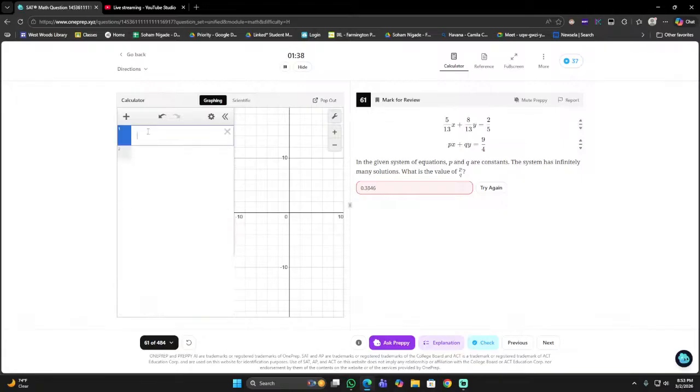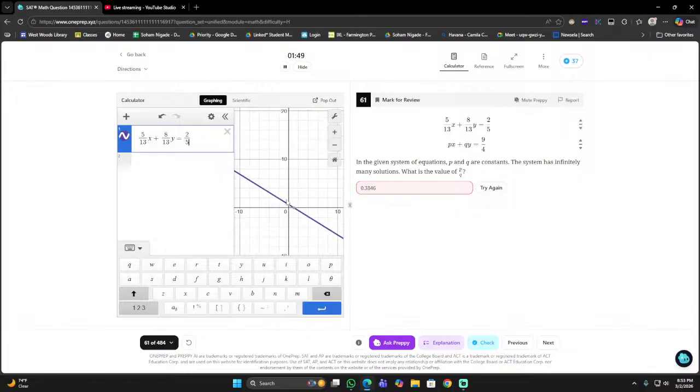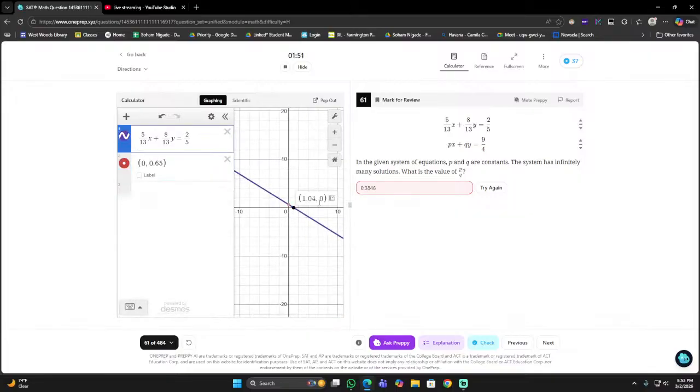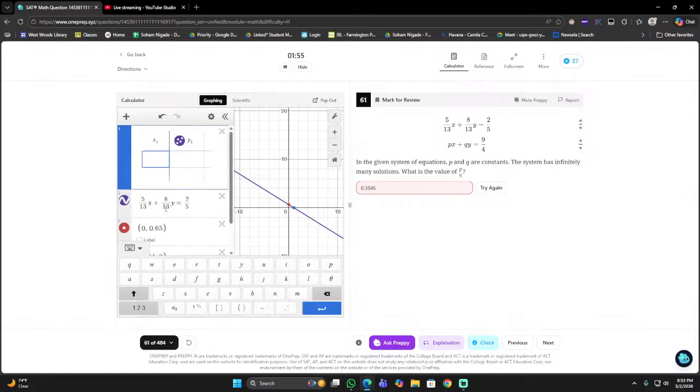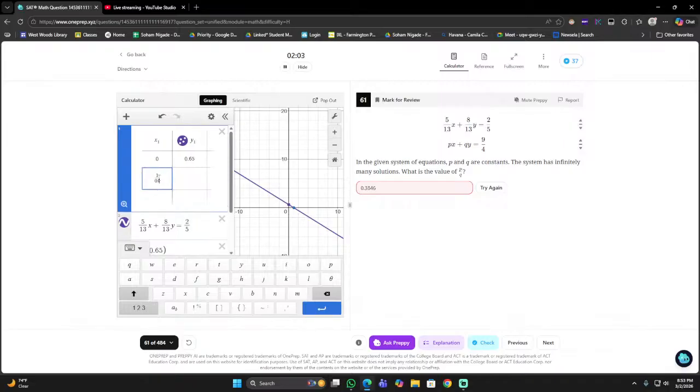Okay, maybe for this question we needed to do it this way. These questions you can't really use Desmos. This line, you have these 2 points, right? Table it. 0 and then 0.65 and then we have 1.04, comma 0.